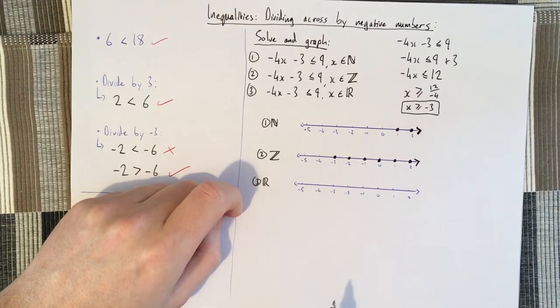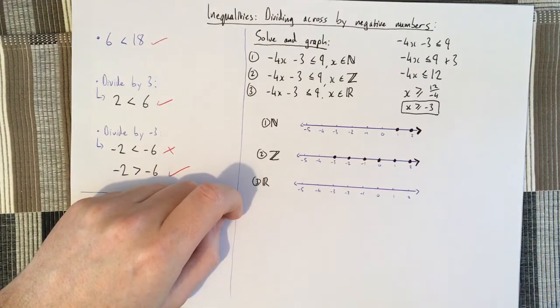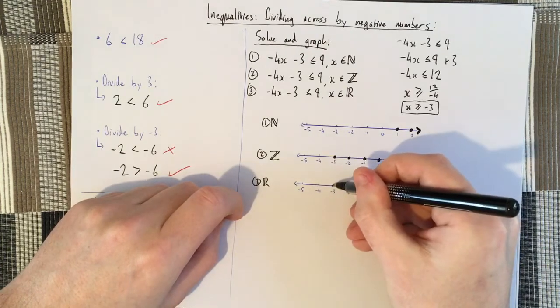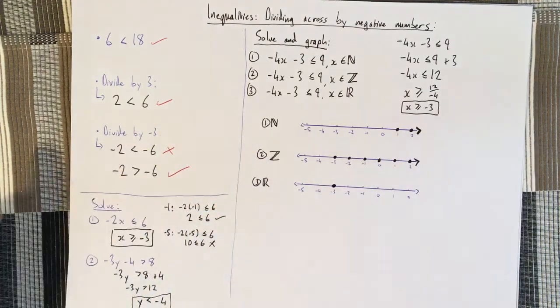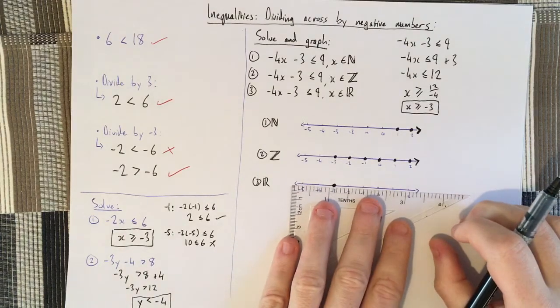For real numbers then, so real numbers which are greater than or equal to minus 3. So the or equal to means I put a dot on the minus 3, and then it's real numbers, so it's all numbers to the right of that. So I'm going to mark those on.